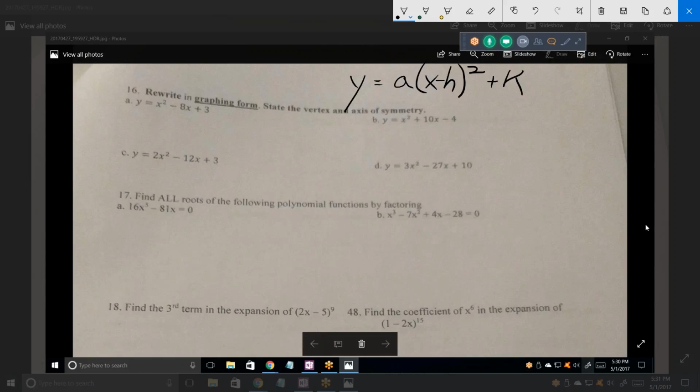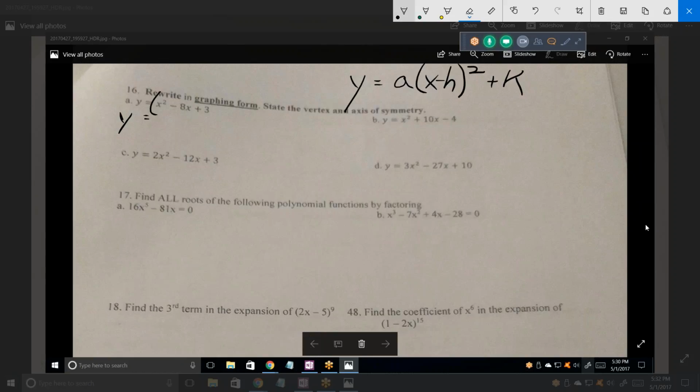So that's almost always the way to go when you have a quadratic that's in standard form: complete the square. Well, what's my process for completing the square here? y equals x squared minus 8x. So I'm going to put parentheses around that, and I'm going to set the 3 aside for a moment.